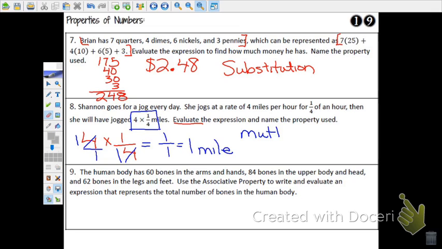Multiplicative inverse is when you multiply by the inverse, so we flip the fraction, and we get an answer of 1. Multiplicative inverse, again, when we multiply and get an answer of 1.